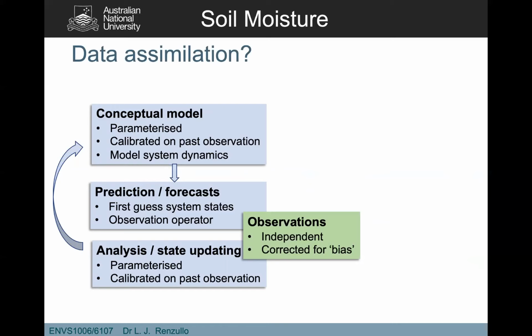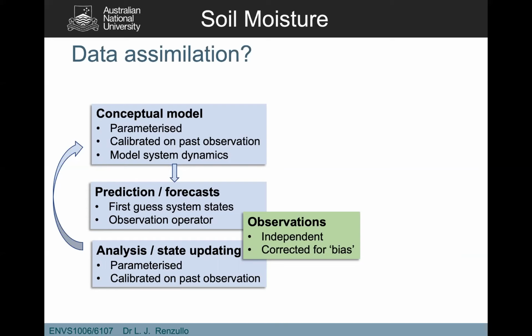With that model, we make our first guess, a prediction of the system's states. These are the components of the model that dynamically evolve through time, like the water storages in the soil column, for example. And because those states aren't always what we observe, for example, we observe runoff in the streams, but the system states are the soil water properties, you have to develop model components that link the states to what you observe, and that's the observation operator.